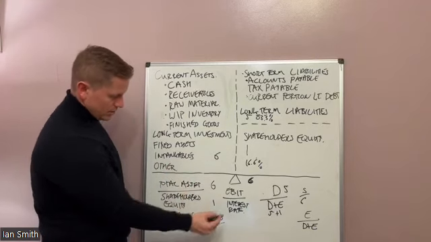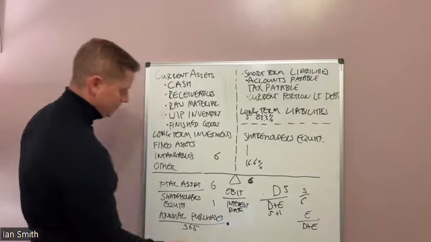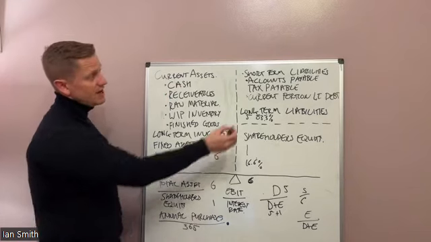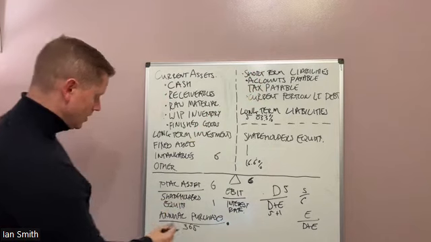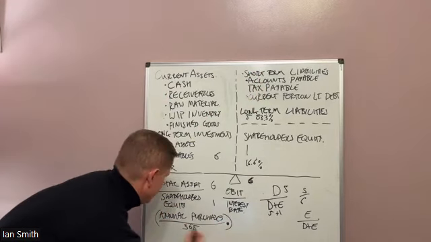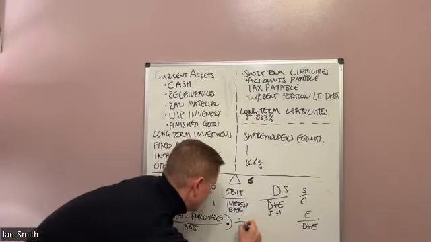And then you take this number here, which gives you how much you're spending per day, and divide it by accounts payable.